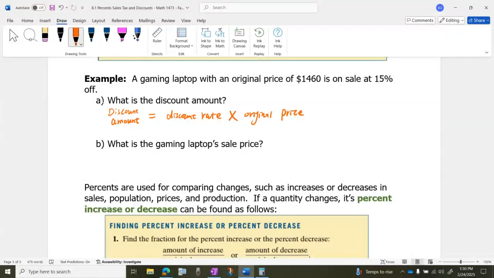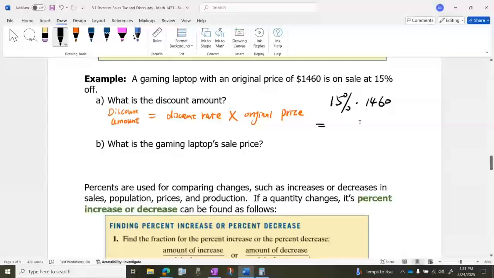Think about it: the discount amount is the money you save compared to buying the laptop at the original price. How much do you save? You save 15% of the original price. So you just need to multiply 15% by $1,460.